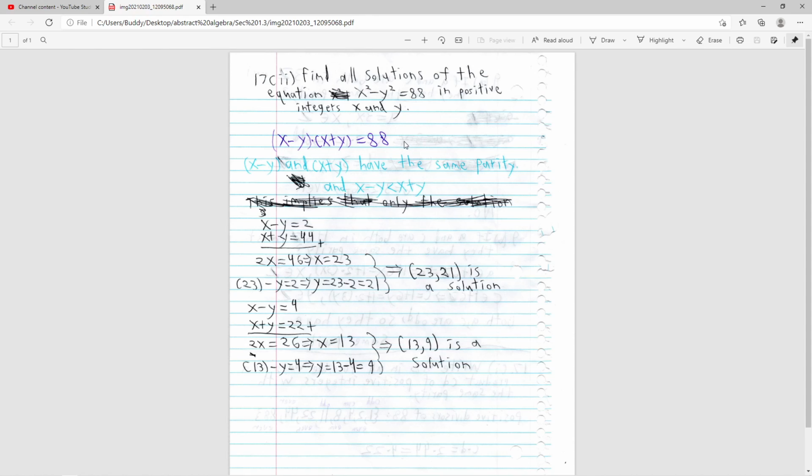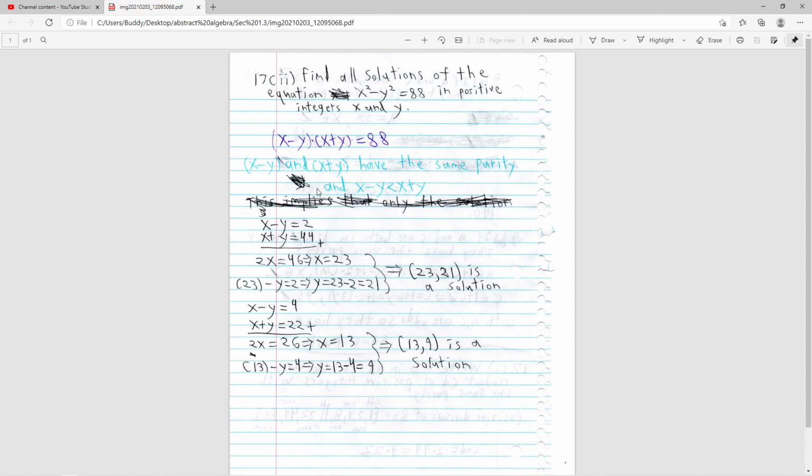The point is, x minus y and x plus y have the same parity, because think of it this way. If x is 2 and y is 5, 2 minus 5 is negative 3, 2 plus 5 is 7, same parity. You can do this for a lot of things, but it makes sense. You're subtracting y or adding y to x, so they'll have the same parity.